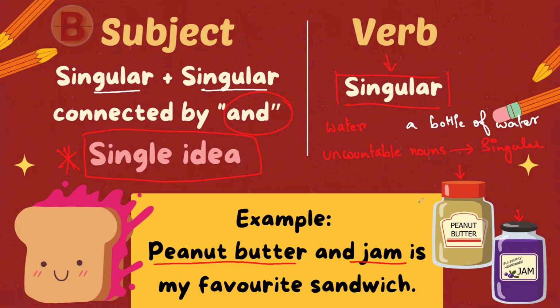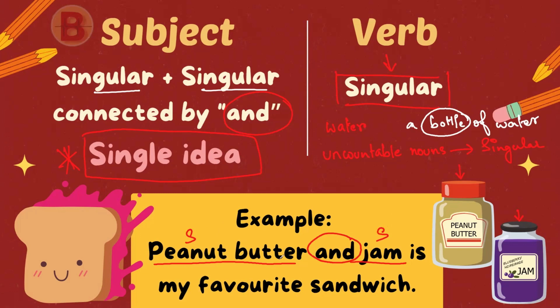That means I'm talking about one particular bottle. That means we can count the bottles, but we cannot count just water, right? So this is the difference you need to understand. Fine. So when we are talking about uncountable nouns, they are considered singular. And that's why peanut butter over here is a singular subject and jam is also a singular subject. Plus they are connected by the word "and".